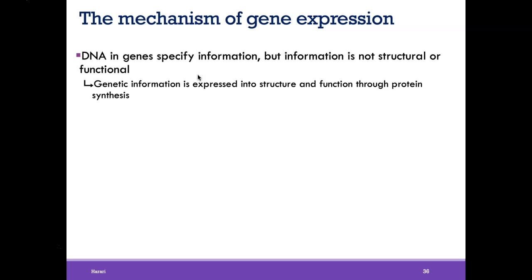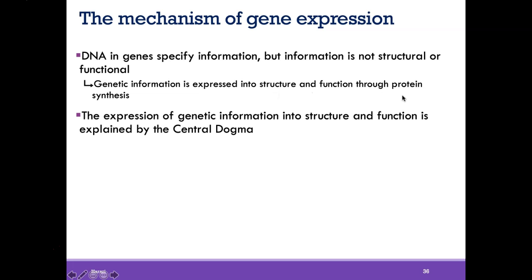Just like a cookbook would. You could also think about it like in coding, where we use bits like zeros and ones to program software. Well, DNA doesn't use zeros and ones, it uses A's, T's, C's, and G's. But that genetic information can be expressed into structure and function through protein synthesis.